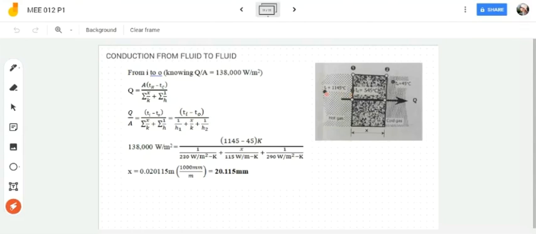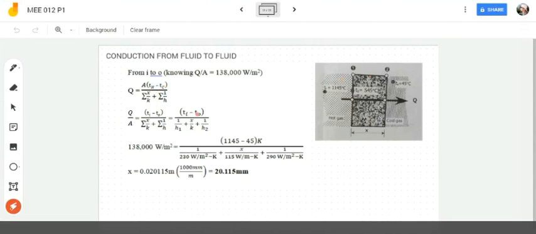From I to O, we have a total of three resistances. First is the resistance in this fluid. Another is the resistance in this wall, and the third is the resistance in this fluid again. So from your formula a while ago, your Q is equal to your area, TH minus TC over the summation of X over K plus the summation of 1 over H. So for this setup, we have three resistances.